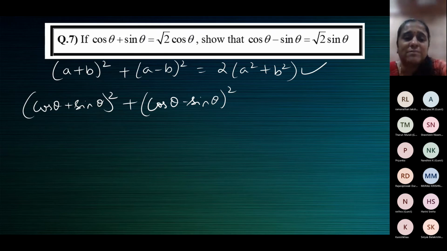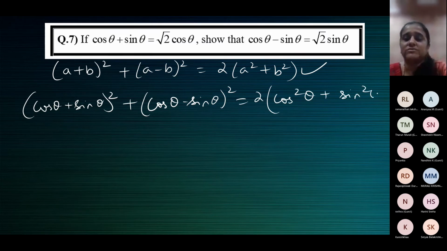So the identity is A plus B the whole square plus A minus B the whole square is equal to 2 of A square plus B square. Now in this identity, instead of A, we are going to use cos theta, and for B, we are going to use sin theta. So rewrite the identity using cos theta and sin theta: it is equal to 2 of cos square theta plus sin square theta. Yes or no?